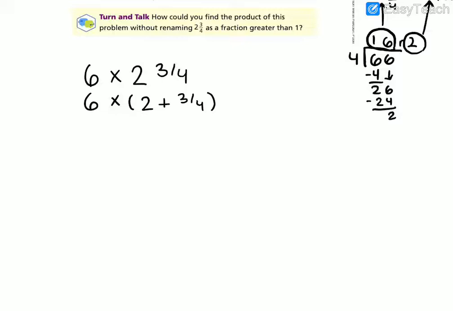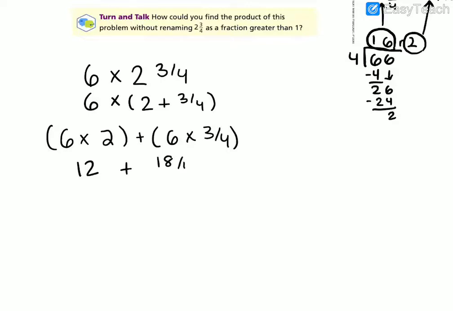I can use distributive property to solve when I break this apart by place value. 6 times 2 plus 6 times 3 fourths. 6 times 2 is 12 plus 6 times 3 fourths, which is equal to 18 fourths.